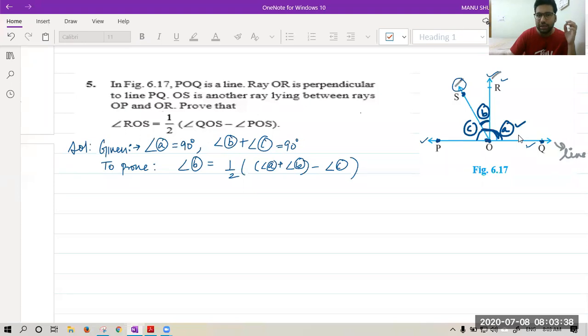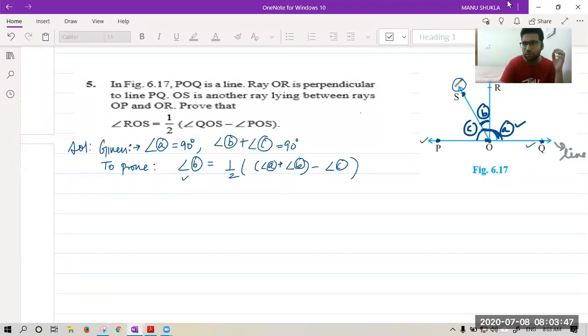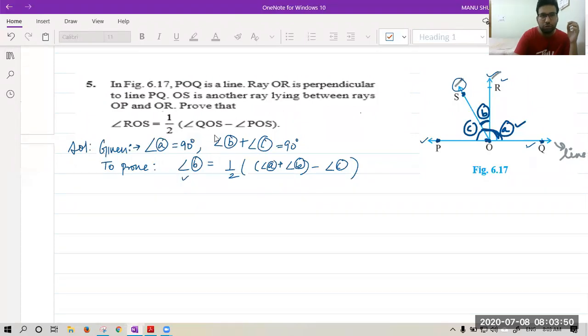We have to prove that angle B, that is angle ROS, is equal to half of (QOS minus POS). ROS is angle B. QOS is A plus B, and POS is angle C. That is why I have written it like this in my terms.